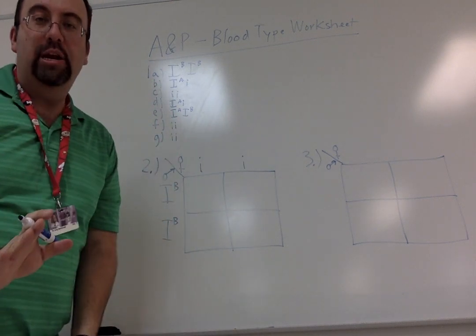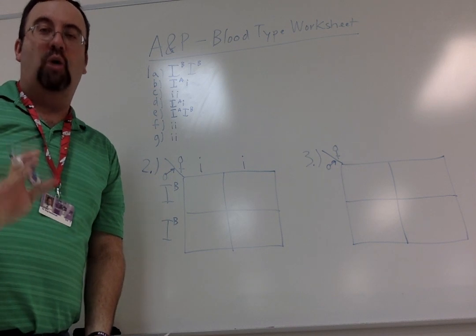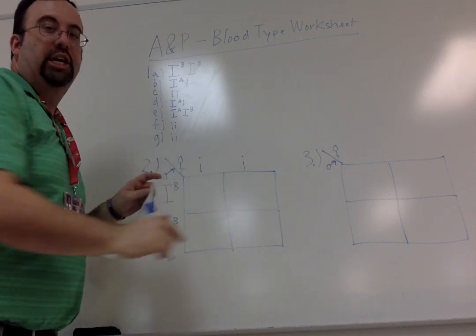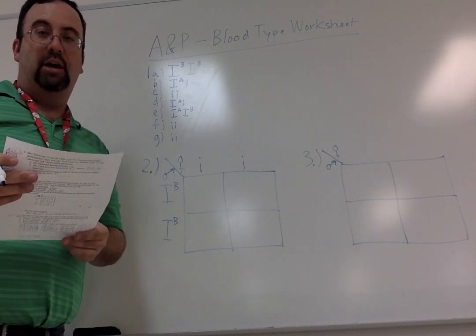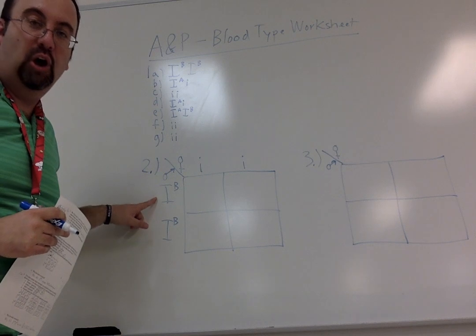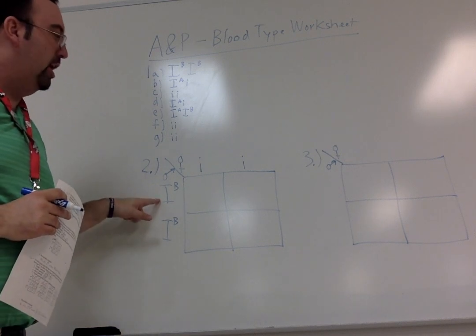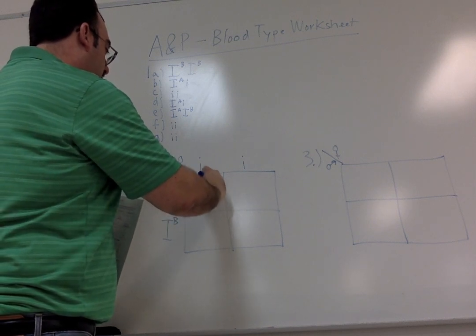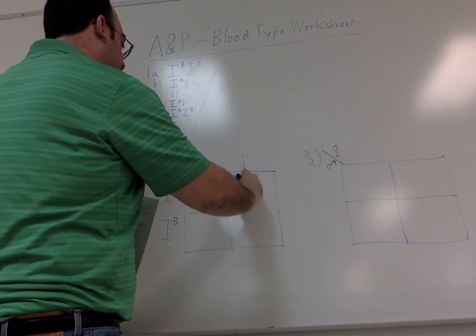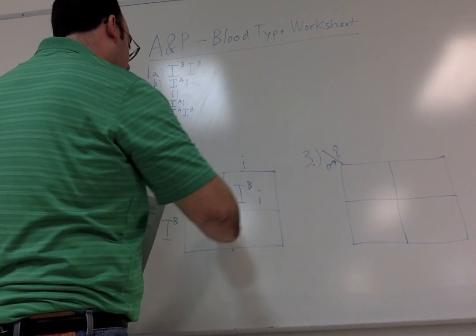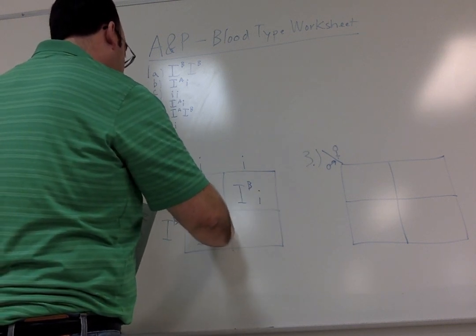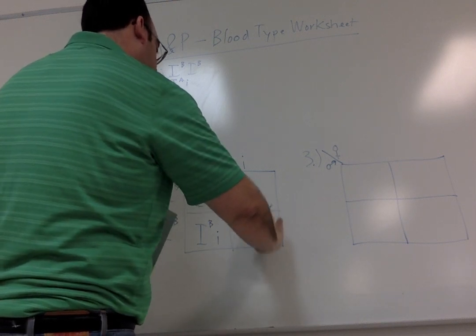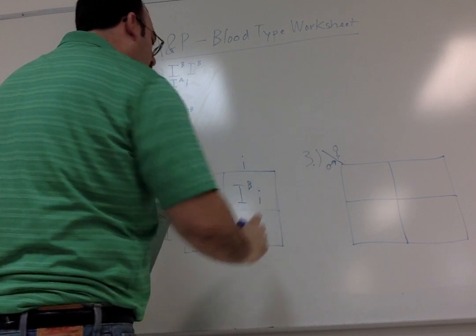All right, all we need to do now is cross the boxes together, just as we did back in biology, and see what the outcome is. Typically you put the dominant allele first, and so in this case, we're going to have I to the big B, little i in each of the four boxes.